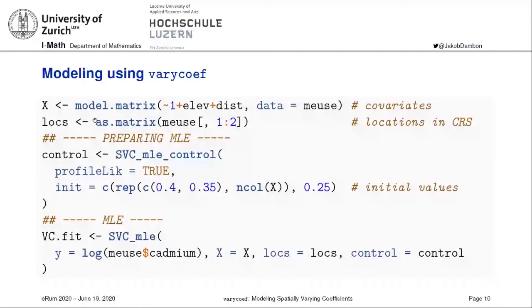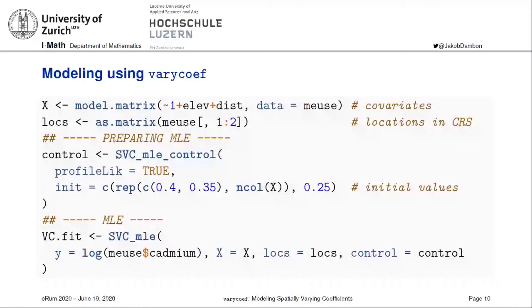Then you need some kind of dependency measure, for example, with the first law of geography, we need some dependency structure. And in spatial statistics, we usually get this out of a 2-column matrix indicating the locations in a particular coordinate reference system. Like the first 2 columns in the MUSE data set, which are the sample locations.